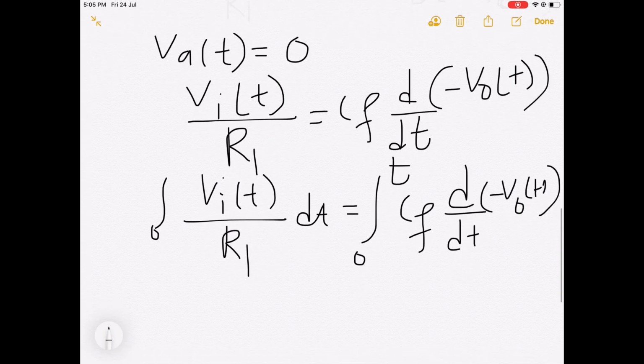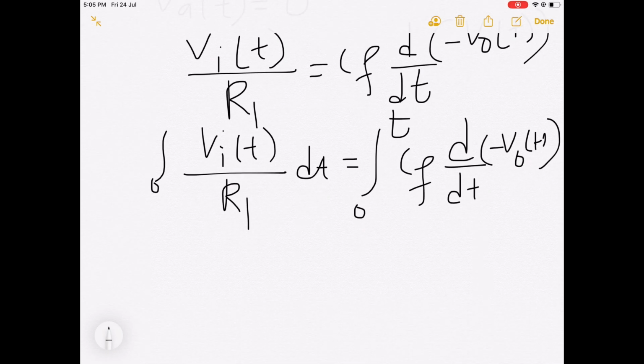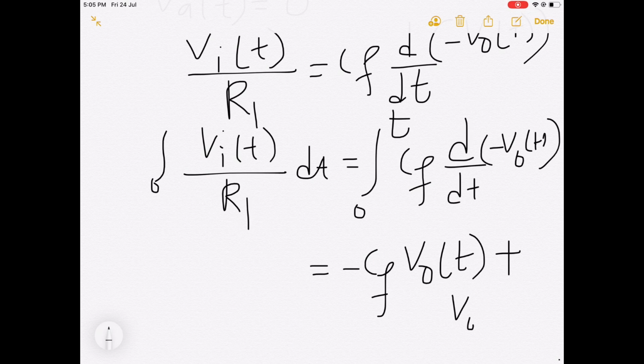Now after integration your output will be: Cf is constant and the minus sign is there, so minus Cf comes out, and here it will be Vo of t, d by dt gets cancelled, plus the constant Vo of 0.